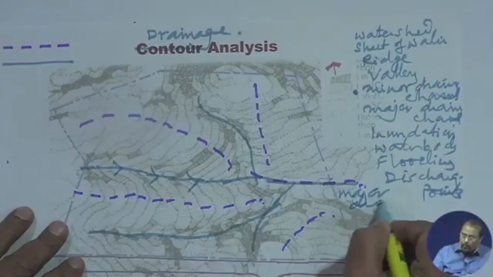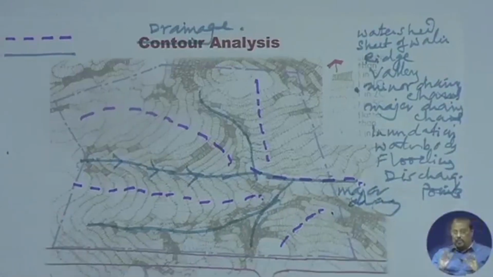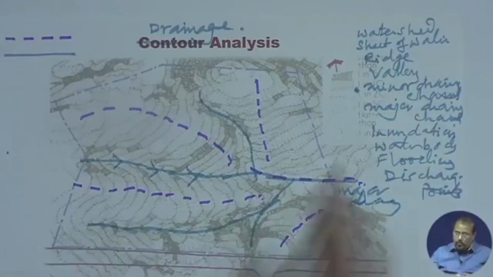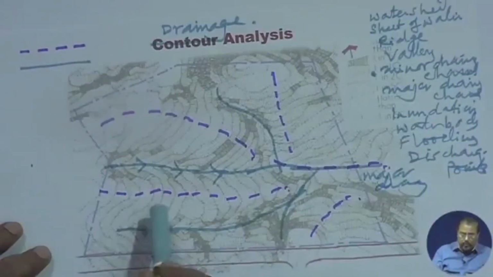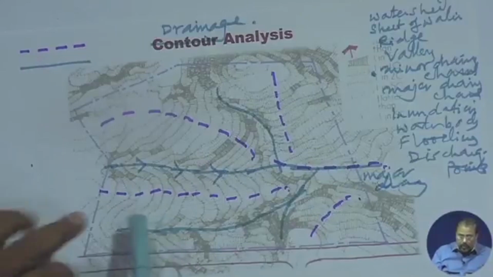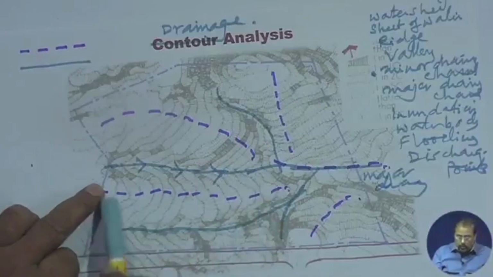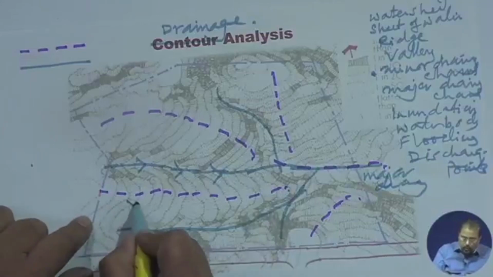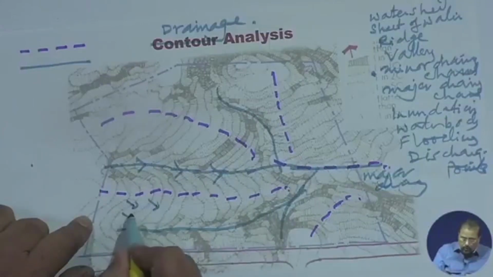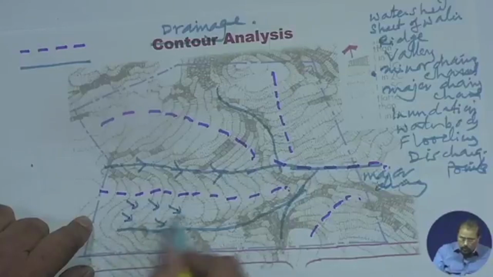I hope I could make the point clear. Once you do this, you try to find out the outfalls. Now let us see, with respect to this legend, what is watershed? If this is a ridge, then the water falling on this particular surface follows the general contoured profile.